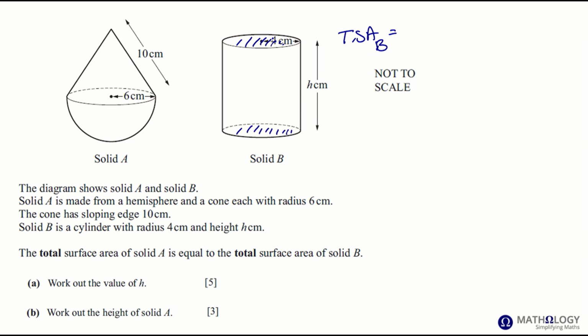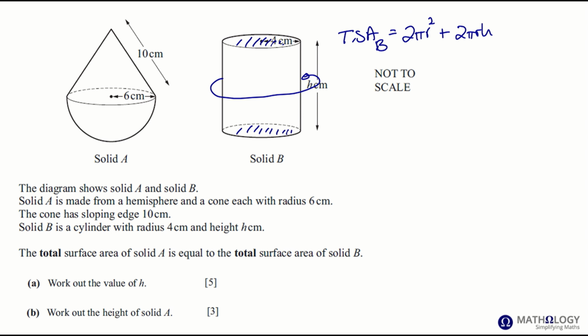The area of each circular face is pi r squared, and since there's 2 surfaces, we'll have 2 pi r squared. And we also have this curved section around the cylinder, and that is given by 2 pi r h. That's the total surface area of a cylinder.